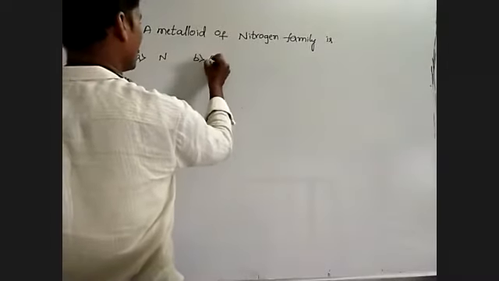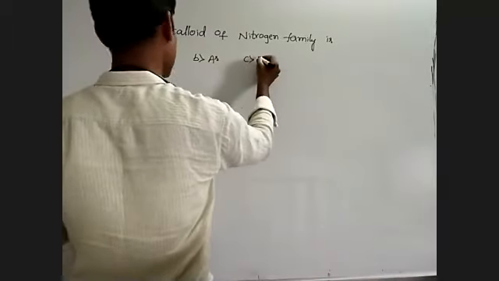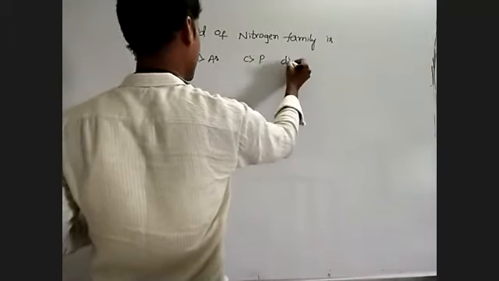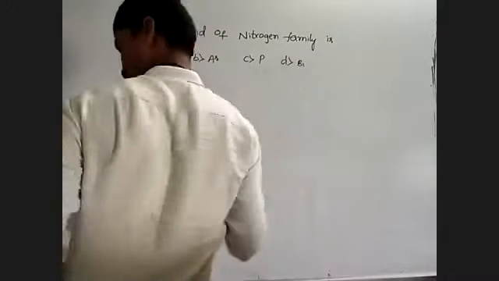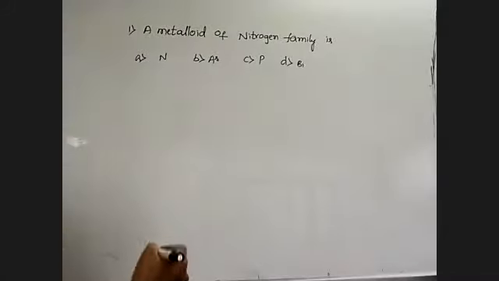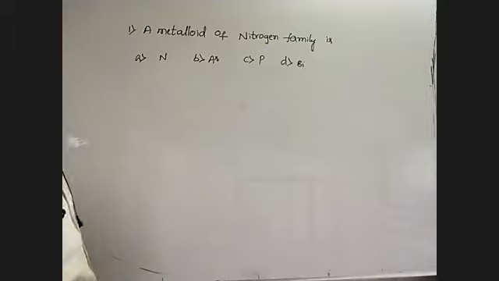B, arsenic. C, phosphorus. Next one, bismuth. What is the question? A metalloid of nitrogen family.